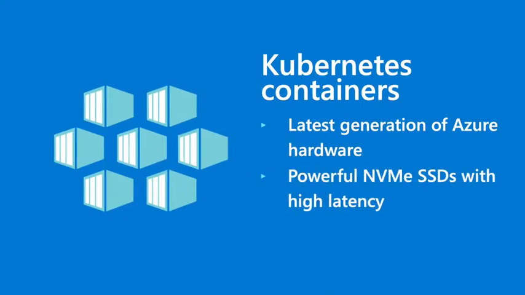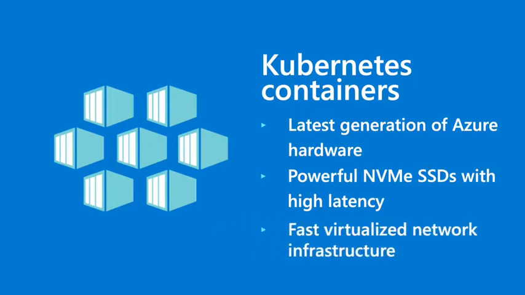This hardware relies on non-volatile memory express, or NVMe, SSDs, capable of blazing 100 microseconds latency on I/O. These make Databricks I/O performance even better. And accelerated networking provides the fastest virtualized network infrastructure in the cloud. Azure Databricks utilizes these features to further improve Spark performance.